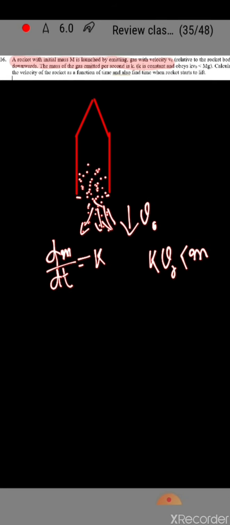We have to calculate the velocity of the rocket as a function of time. And its initial mass was m. So if you see, as the rocket is there, you will draw the free body diagram of the rocket.